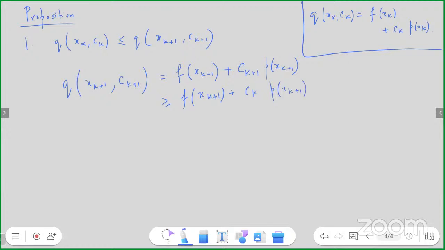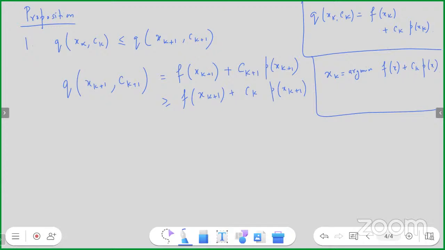You can make it strict also, it's not a problem. All right, what more can I say? And what is by definition x k? It's the argmin of f of x plus c k p of x. That's the definition of x k.